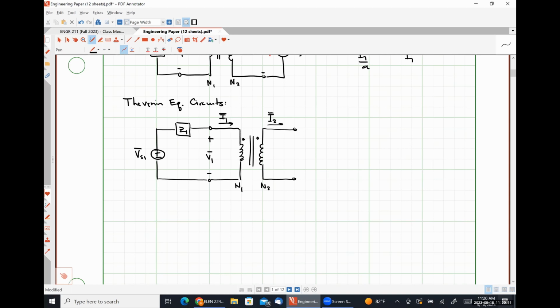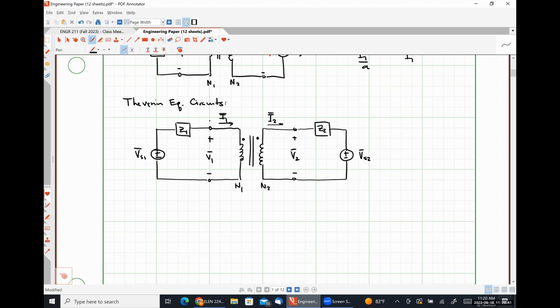The direction of these currents is completely and utterly arbitrary. I just want to state that here. This is going to be the drop across my secondary. Here's Z2. Here's my voltage VS2.